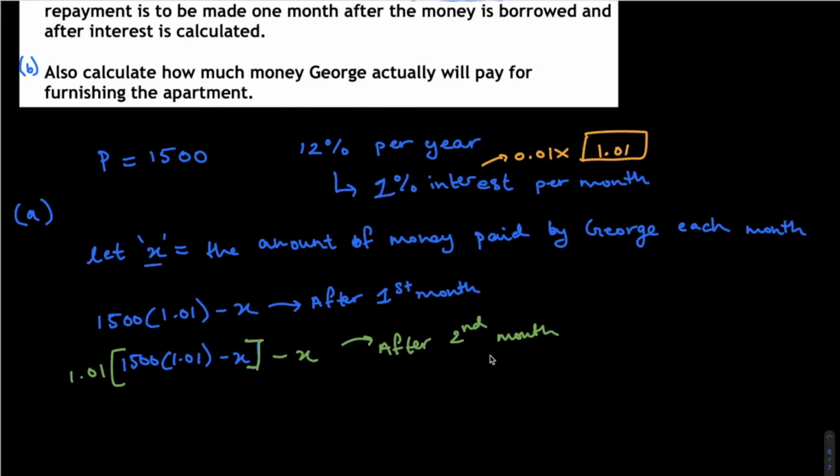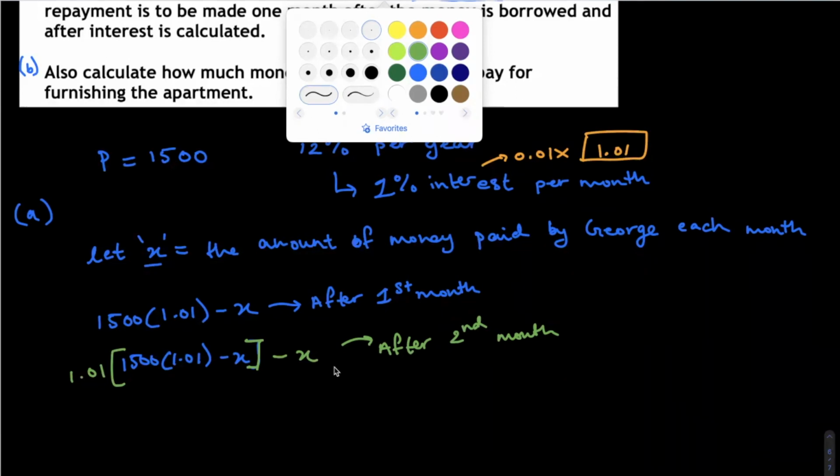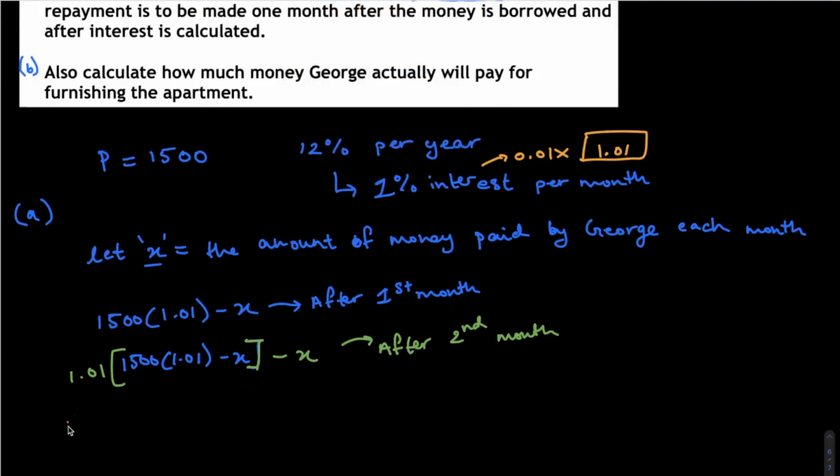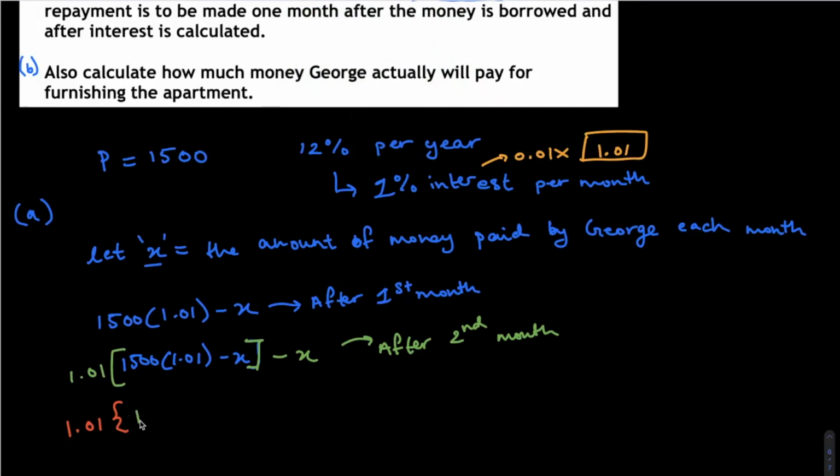Same thing, same process will be followed in third month, right? So in the third month, again, this will be the money remaining, right? So we're going to have, again, 1.01. Now I'm going to put a curly bracket just to differentiate it. And then I'm going to go back to the green part, right?